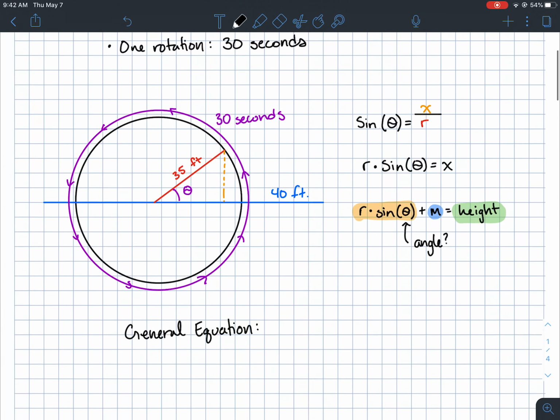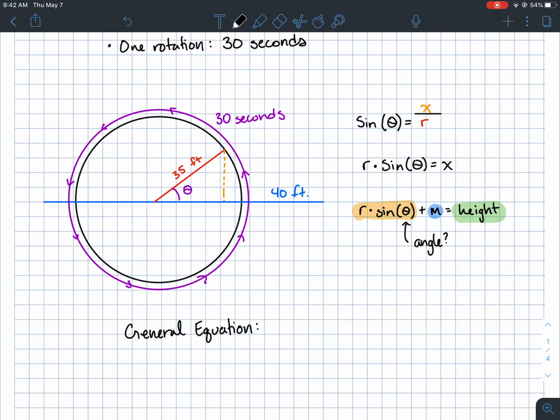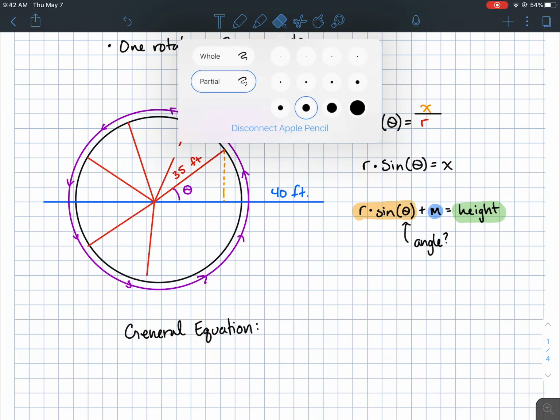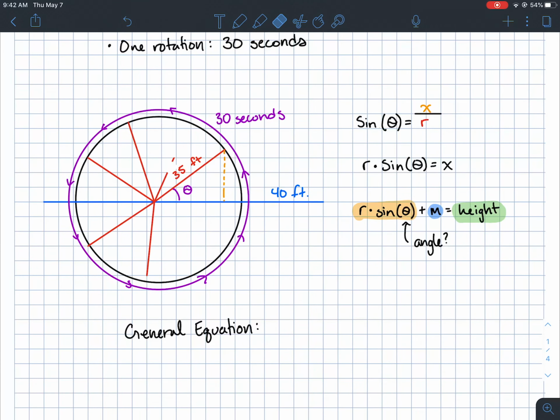So the angle is going to change depending on where this radius is. Remember, our point on the circle could be here, could be down here, could be right up here. The radius isn't going to change. Nothing's changing about this equation except for the actual angle, or the reference angle, that we're looking at.